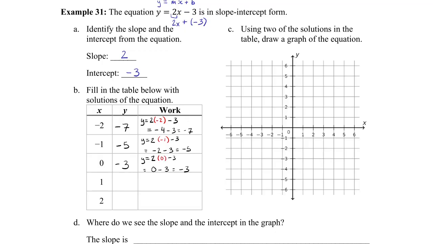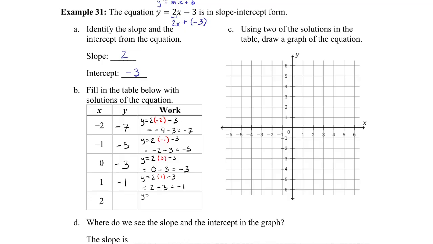If we plug in x is 1, we have y is 2 times 1 minus 3. So 2 times 1 is 2. 2 minus 3 is negative 1. When x is 1, y is negative 1. Let's do one more of these.